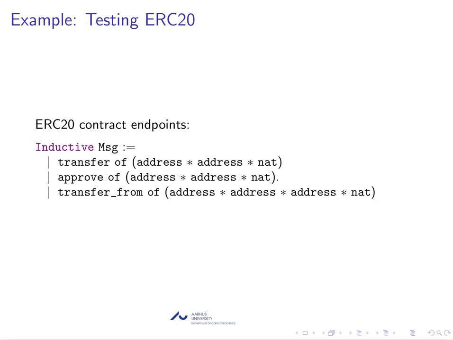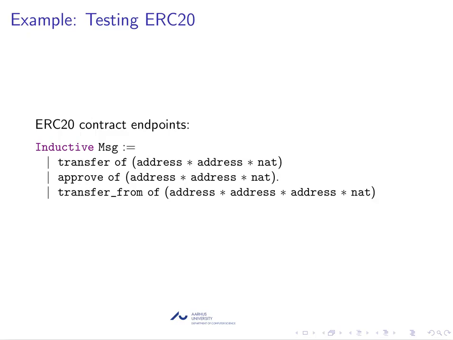Transfer obviously transfers tokens from one account to the other. Approve approves one account to transfer on behalf of another account, and transfer from transfers on behalf of another account. In ConCert we represent this with the message type shown here, which is a type with 3 constructors, one for each endpoint.